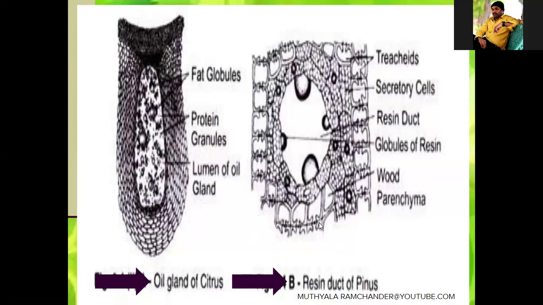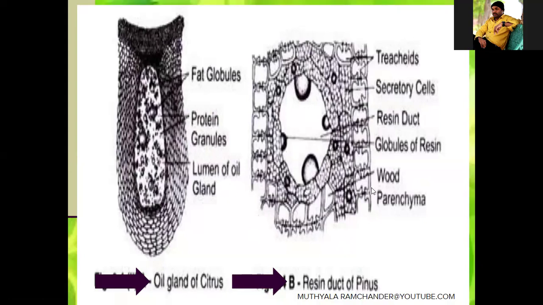And the second type of gland is schizogenous. Schizogenous cavities are glands present in Pinus. In Pinus, resin ducts are present. The resin ducts belong to the schizogenous cavity. Around that schizogenous cavity, parenchymatous tissues called epithelial cells are present.